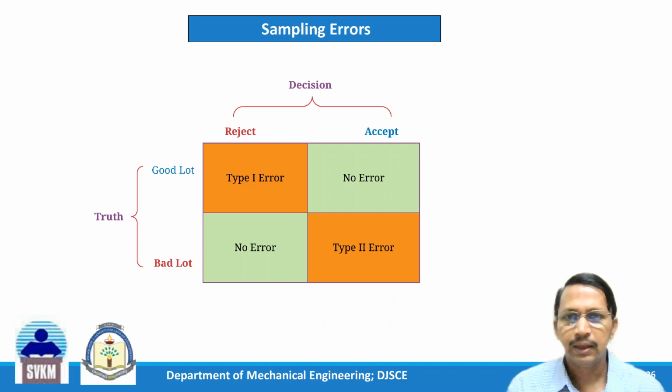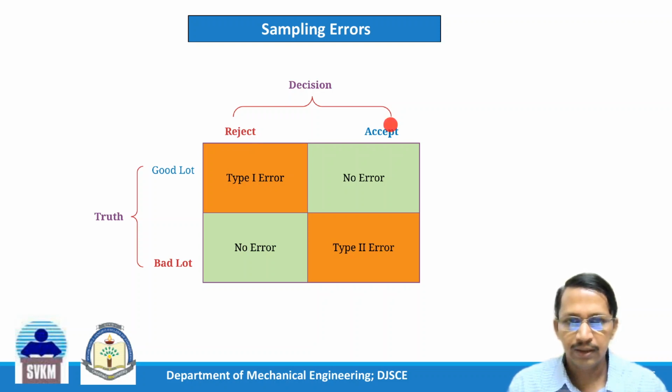These types of risk have been highlighted in this diagram. Decision to reject and decision to accept, and actual truth, good lot, bad lot. Now let us take the first case. Actual truth is good lot, but the decision is to reject the lot based on the sample. So this error is type 1 error.